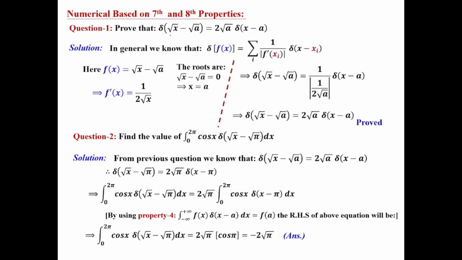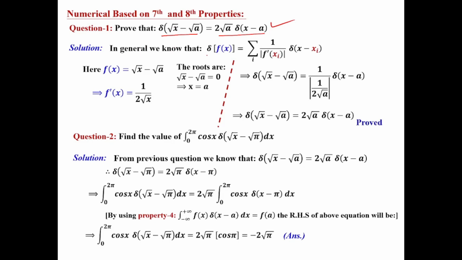First question, we have to prove that delta of root x minus root a equals 2 root a delta of x minus a. This much we have to prove. So now we are going to apply the general expression of the seventh and eighth property.